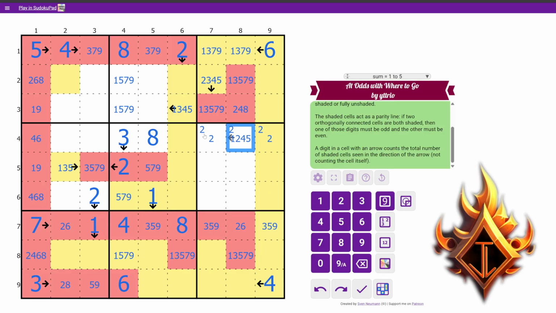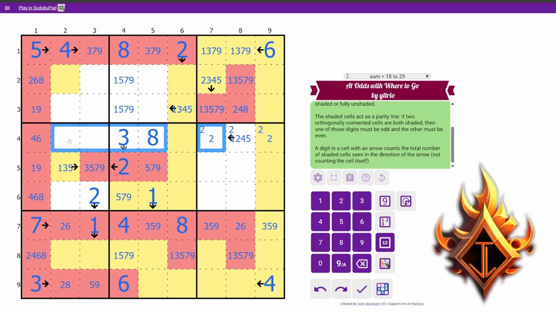What about 1? Yellow. And then all of those yellow would force that to be red. But that might be okay. That might be okay. We'll leave that for now.